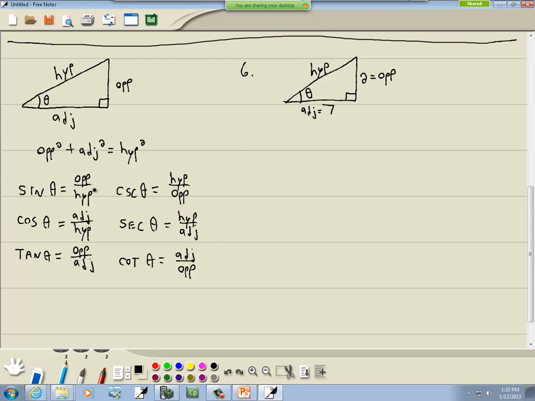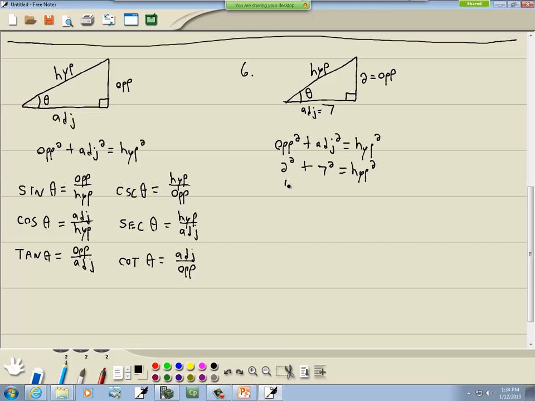Now to use these formulas, we need opposite, we need adjacent, and we need hypotenuse. So let's use our Pythagorean theorem here. Opposite squared plus adjacent squared is equal to hypotenuse squared. Opposite we said was 2, so we got 2 squared plus adjacent is 7, so 7 squared equals hypotenuse squared.